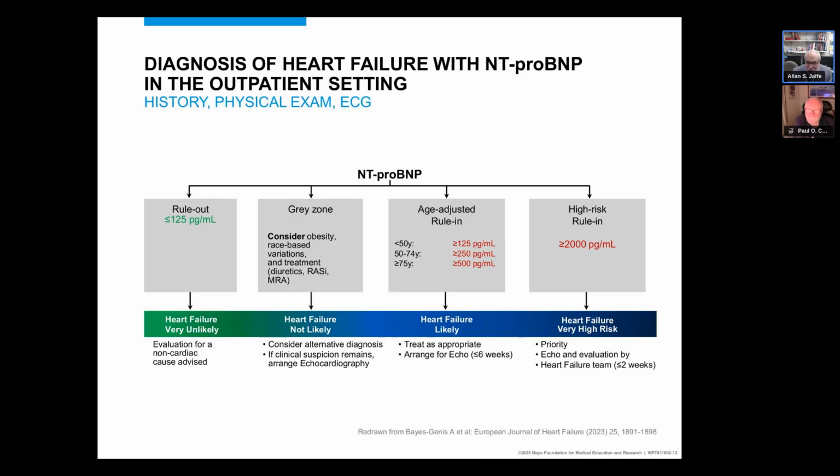They suggest for diabetics, who the Diabetes Association now suggests should have yearly values of these, that if you have a value over 125 and you're between 50 or less than 50, you have been ruled in, and there are age-dependent cut values for older individuals with diabetes.